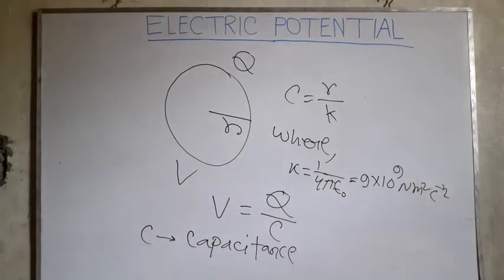In case of free space, C is equal to R divided by K.